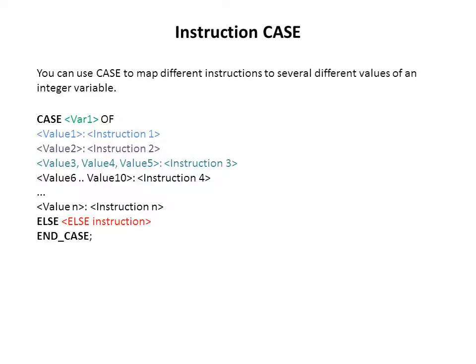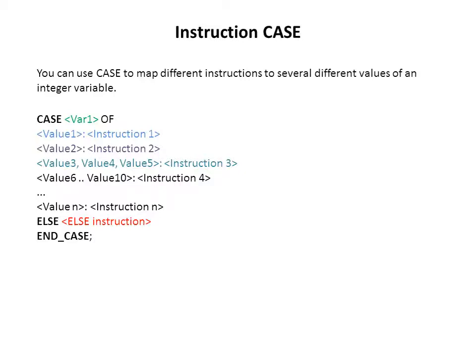If the variable var1 has the value 1, instruction 1 is executed. If this variable has this value, this instruction will be calculated. Next, if var1 has this value, instruction 2 will be calculated.